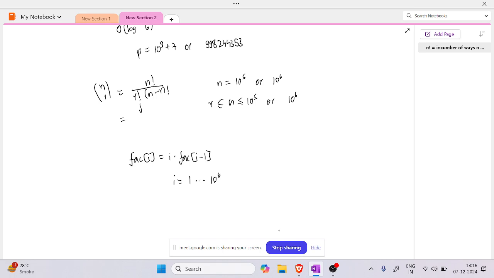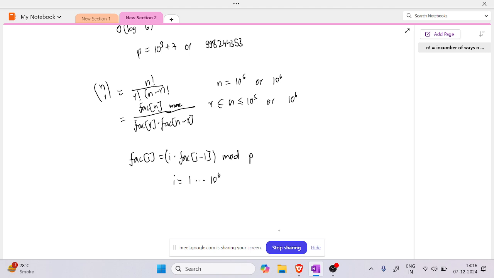So if you can calculate factorial of n modulo p, and we already know how to divide by something modulo p very fast, NCR can be calculated really fast in like O of log p time.